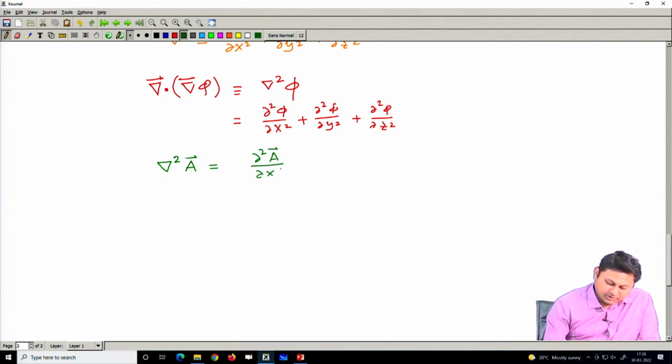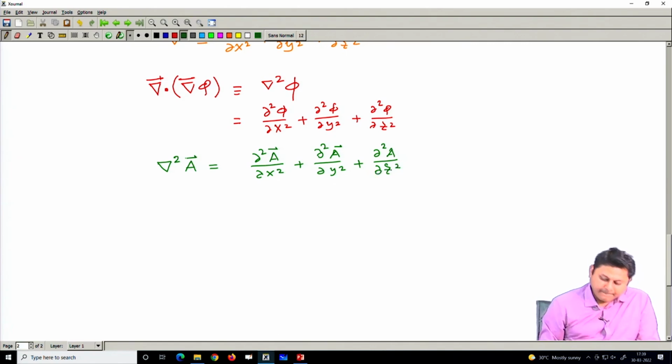So, this is a scalar operator, so it can operate over a scalar field as well as on a vector field. This is the way one can define it.